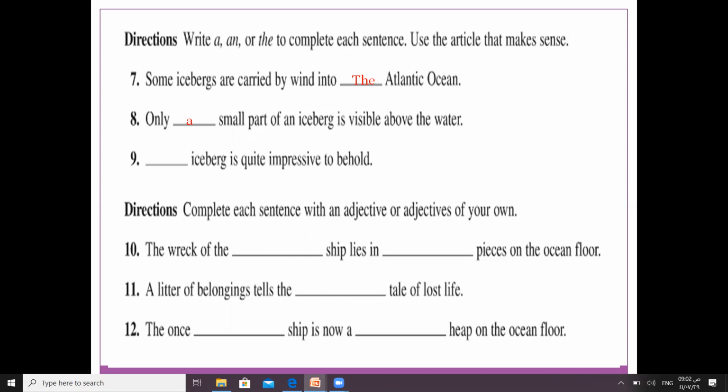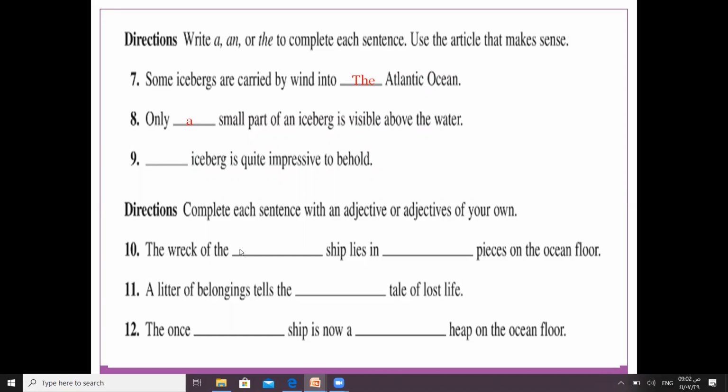Now, next question, class. We can use any adjective we want. Any word that suits the sentence will be correct. Complete each sentence with an adjective of your own. The brisk ship. What will you use here? We can mention the name of a country here, by the way.